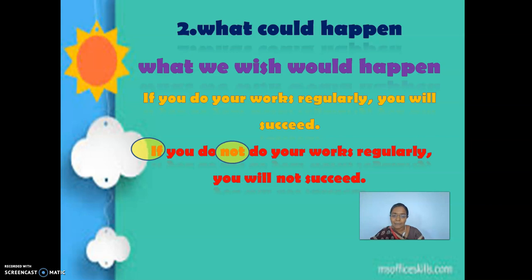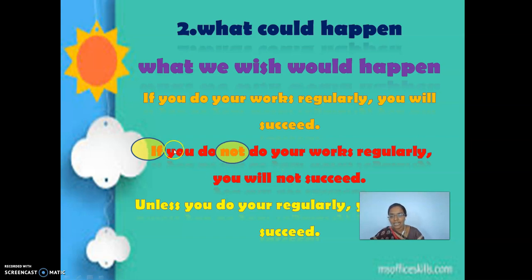Is there any idea? Okay, now you can look at the statement over there. Unless you do your work regularly, the part which is hidden behind the image is you will not succeed.